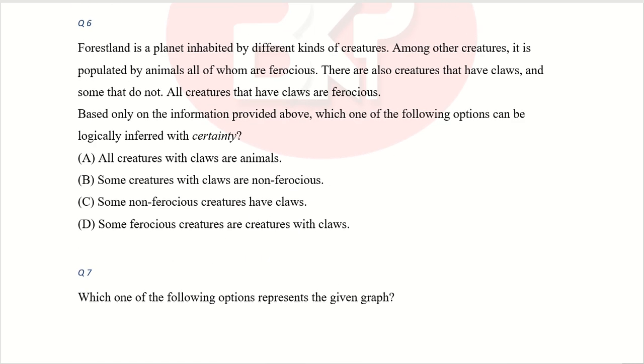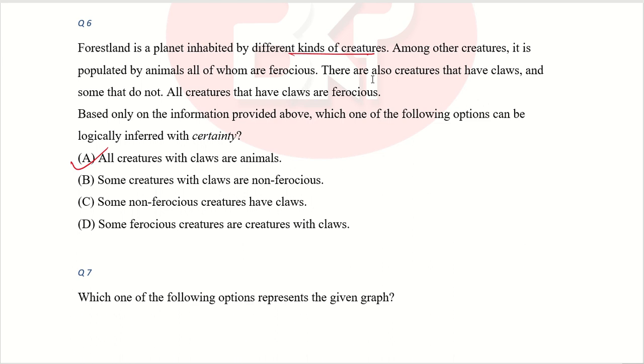Question number 6. Forest land is a planet inhabited by different kinds of creatures. See, this has a little bit of confusion. What it is saying is all the creatures with claws are animals. Yes, that is right, because it says the planet is populated by animals, all of whom are ferocious, okay?